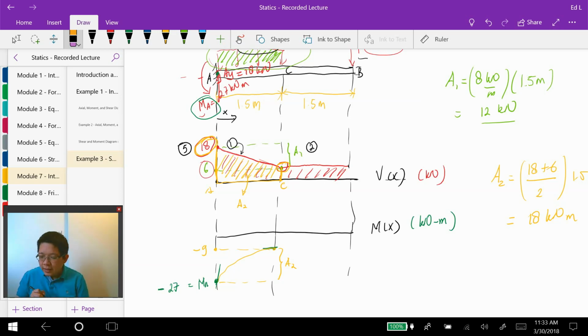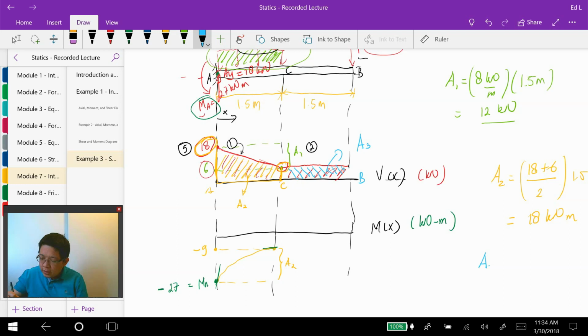Then similarly, we can apply the fourth rule again, stating that the change in the moment diagram is equal to the area under the shear diagram. So we calculate this area of the shear diagram from C to B, and we call it area 3.